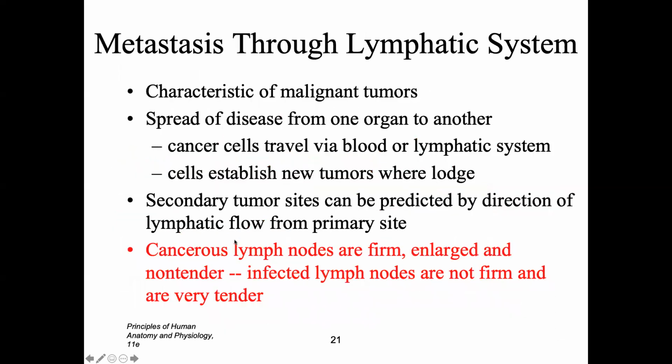What else? Metastasis through lymph nodes and lymphatic system is characteristic of malignant tumors. So malignant tumor is any tumor that can move around and metastasize. Once it metastasizes, usually it doesn't matter how big a tumor gets as long as it's not in the brain, right?